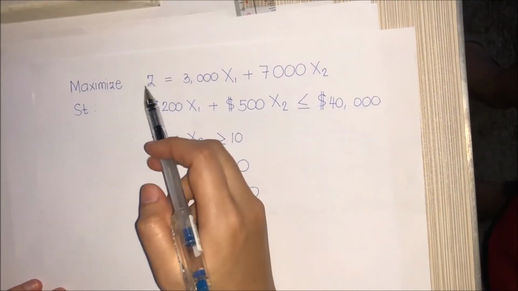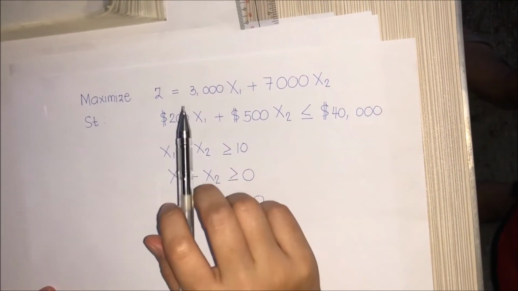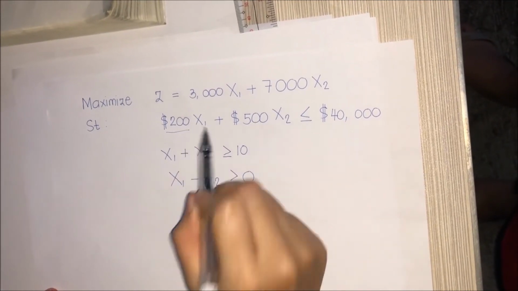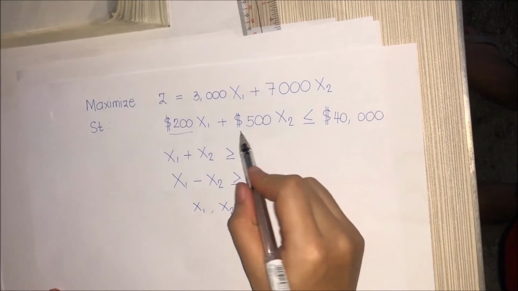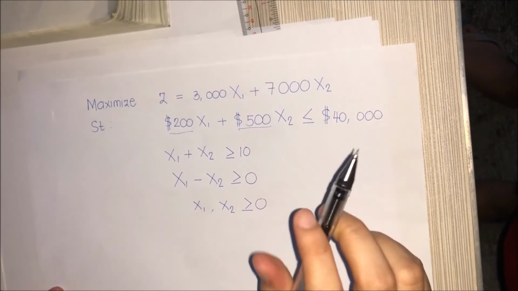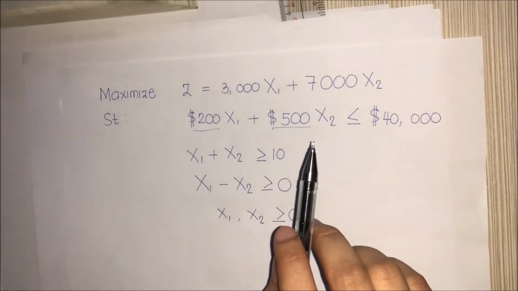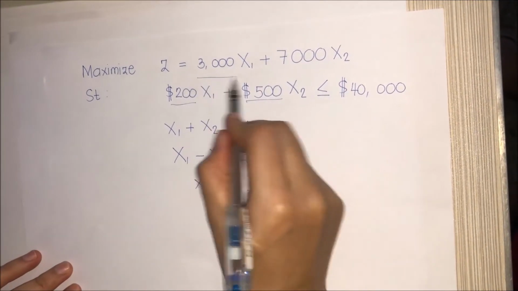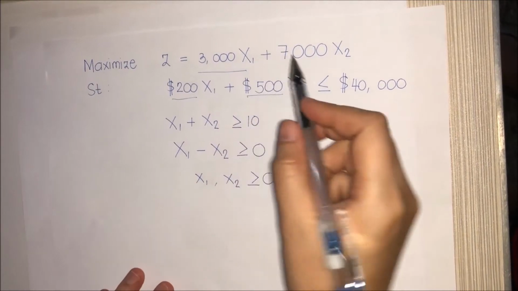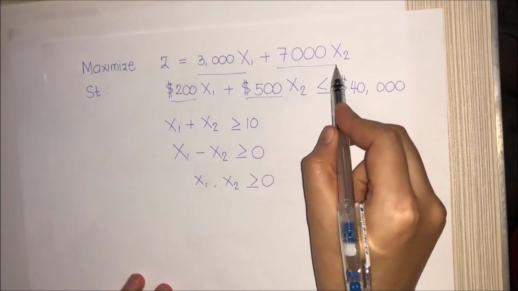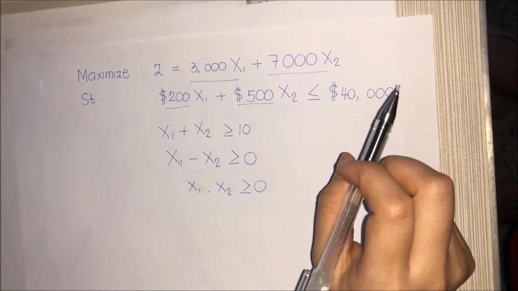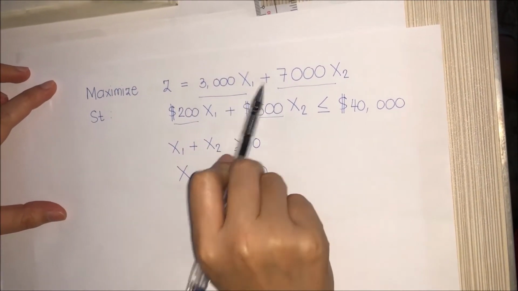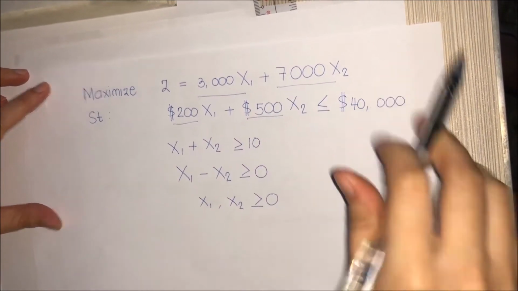For the objective function, each radio ad reaches about 3,000 people and each television ad reaches 7,000 people. Therefore, the LP problem is Z equals 3000x1 plus 7000x2.